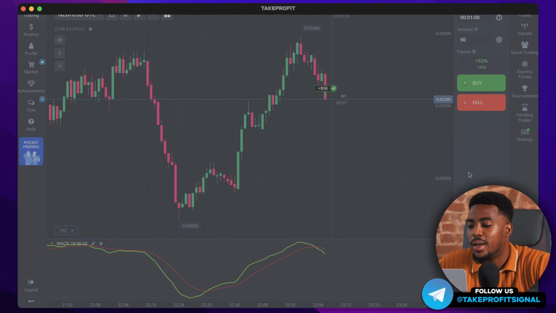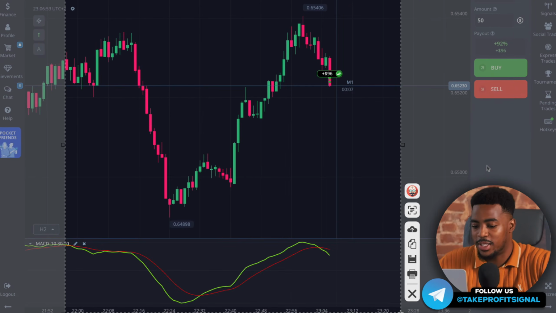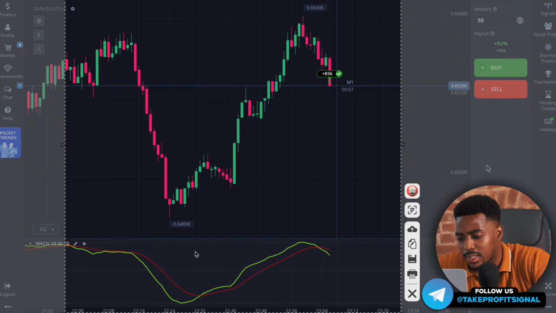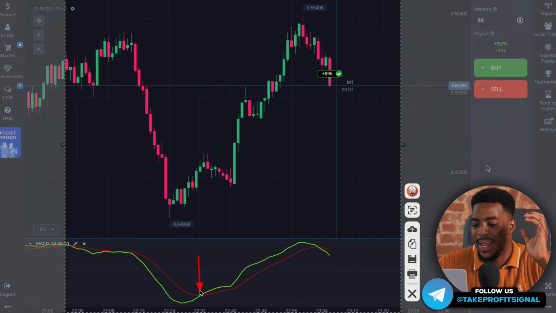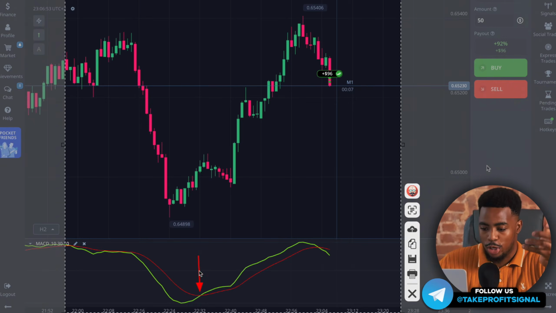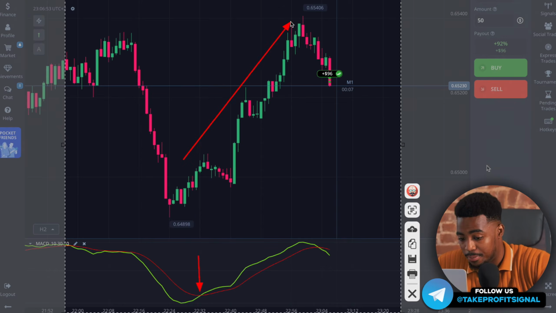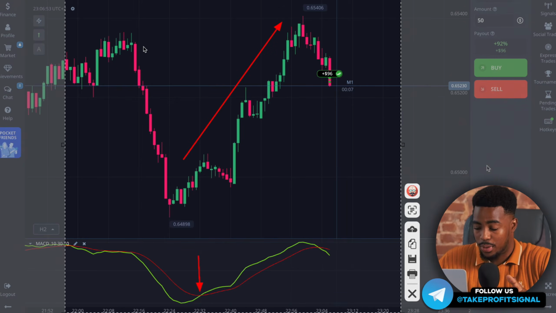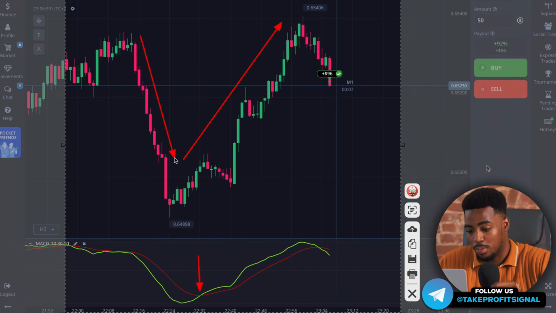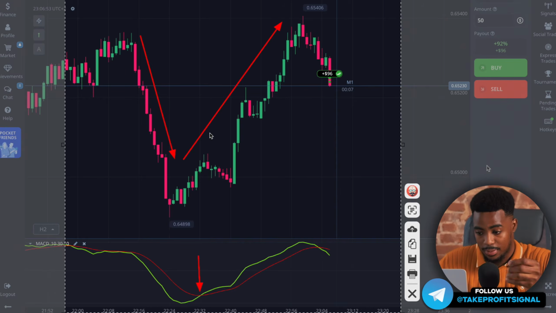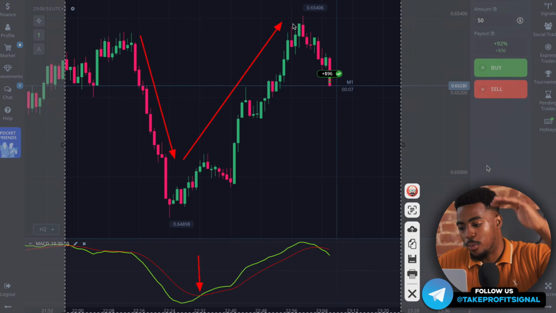Let me show you everything clearly once again. When our lines cross from below, it indicates that an upward trend will soon begin, and it indeed occurs. Previously, we had a downward movement, the lines crossed, and now the chart is moving upwards.